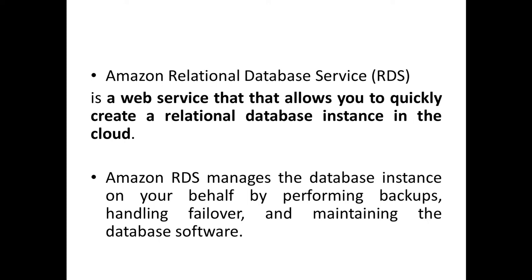So RDS is basically a web service provided by AWS that allows us to quickly create a relational database instance on the cloud. This is a fully managed SQL database service, and it supports an array of databases.